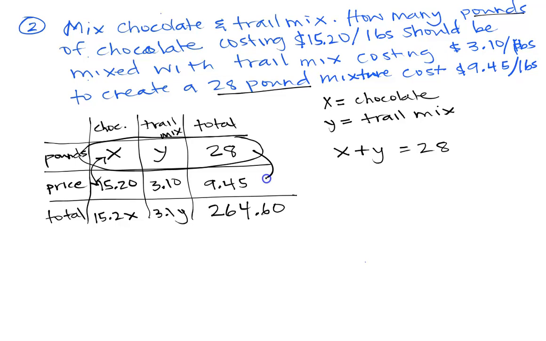I multiplied those together, and that's usually where some people get stuck, remembering that we have to multiply those together. And so then I have my second equation, so I'll put it over here.